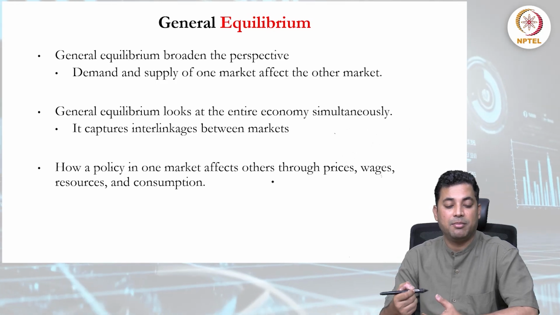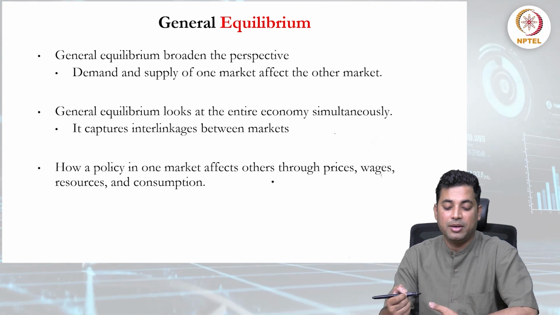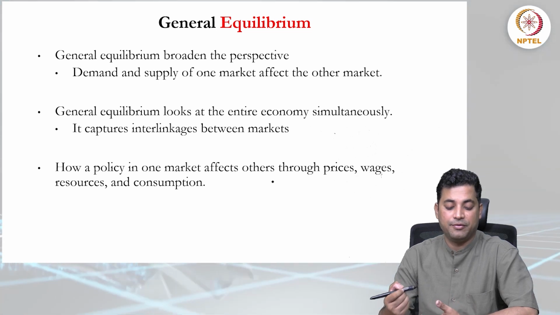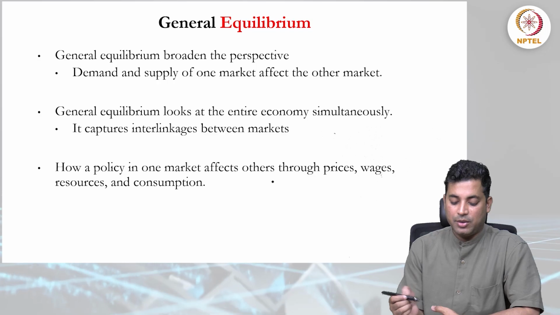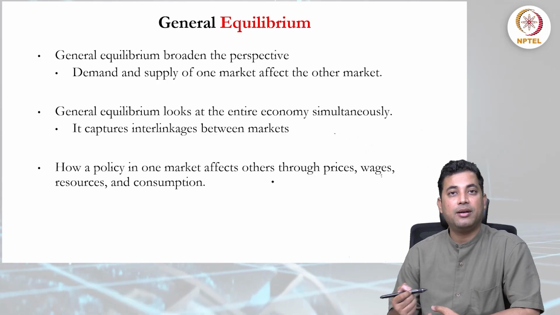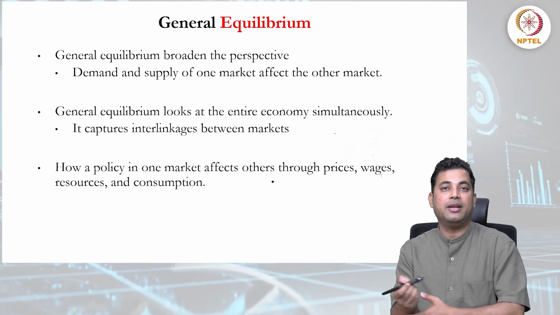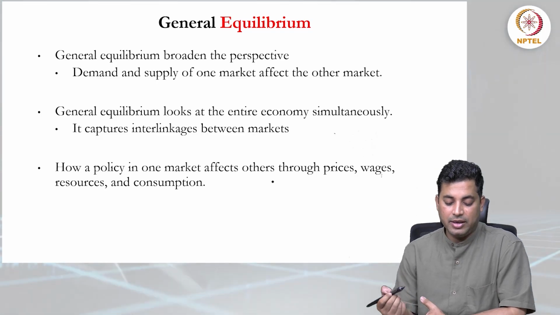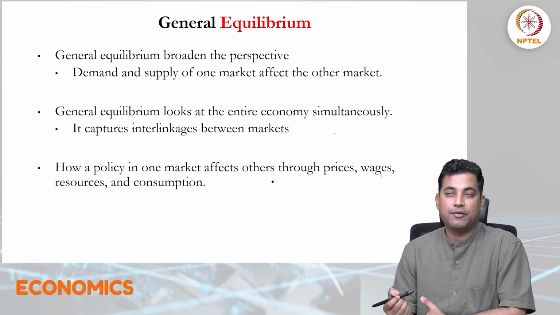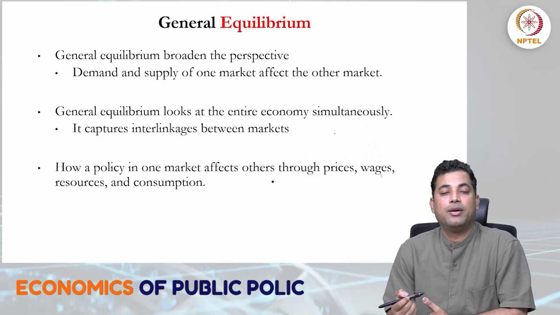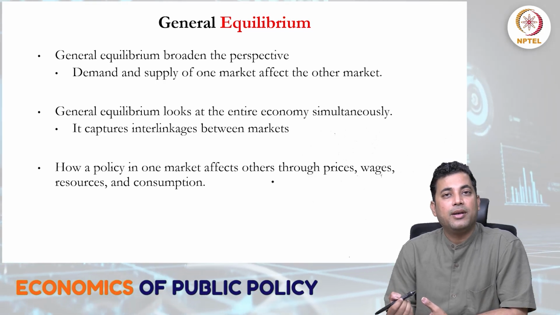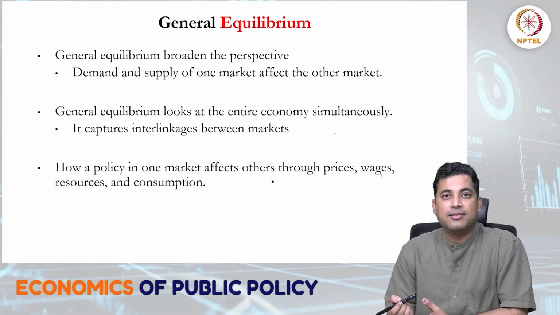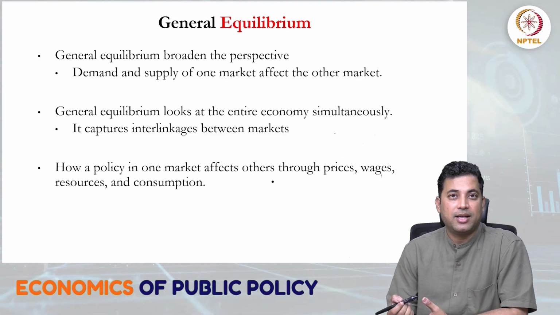That is the very typical general equilibrium point of view. General equilibrium looks at the entire economy simultaneously, and that is a very real kind of situation. It captures interlinkages between markets, of course. Take the example of, say, coffee and tea. This is a classic example you will find in any of the standard books.